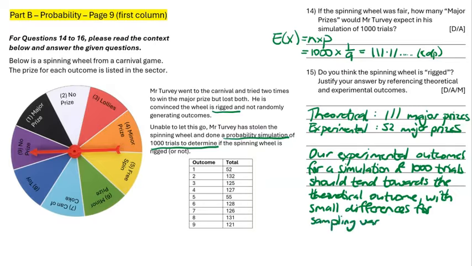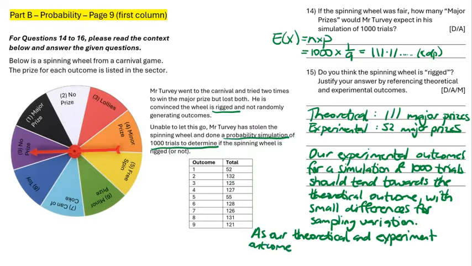So we can now actually answer the question. Our difference here is not small, it's significant. So that tells us it's probably going to be rigged. So as our theoretical and experimental outcomes have a difference of 59, so that's 111 minus 52, a difference of 59.